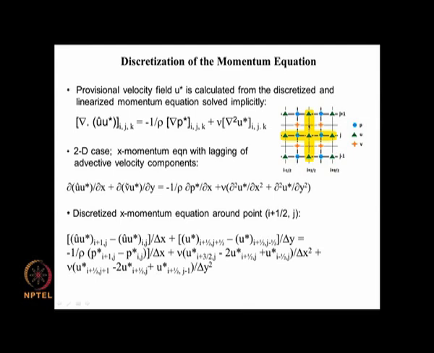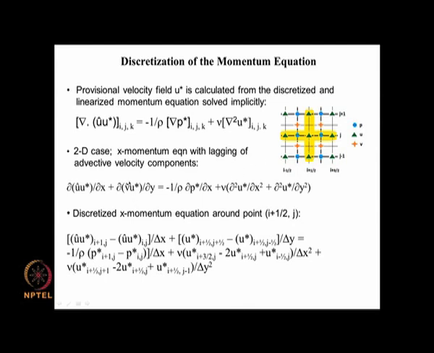So, we say that v tilde at j plus half is v at i j plus 1 plus v at I plus 1 j plus 1 divided by 2. So, the average of these two, and similarly v tilde at this point here is taken to be the average of these two.